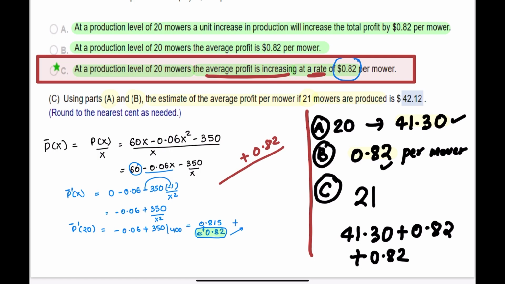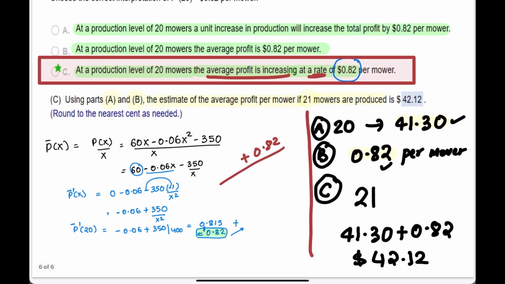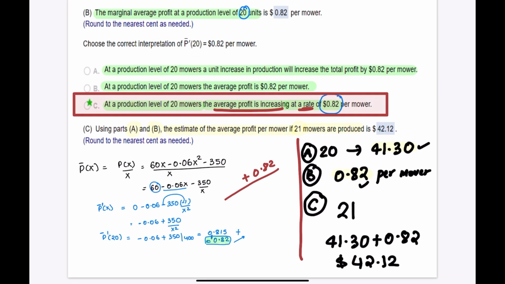If they ask you for 23, it's going to be plus 0.82. So you get the idea, right? Here they're asking me only for 21 units. So that's going to be 41.30 plus 0.82, which is 42.12.